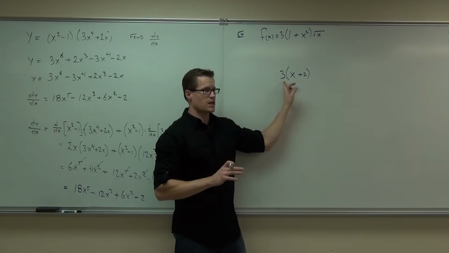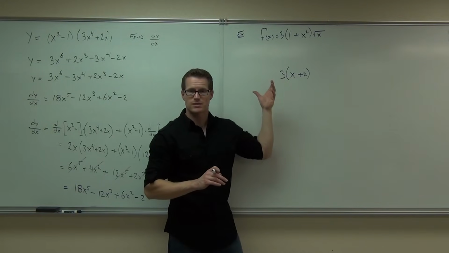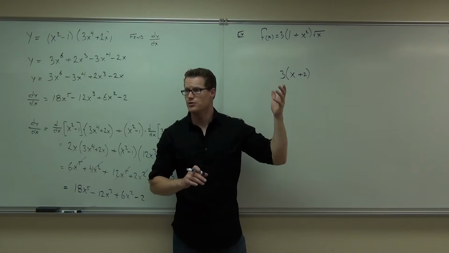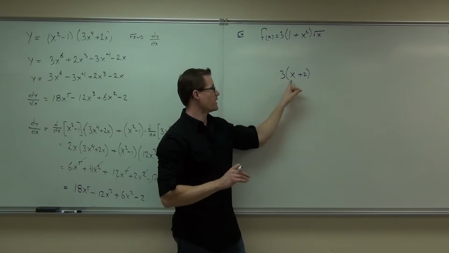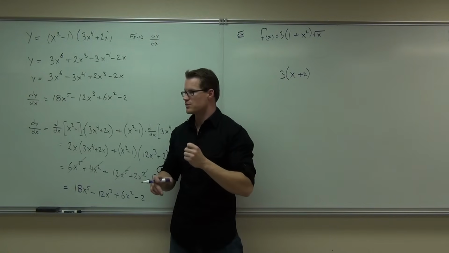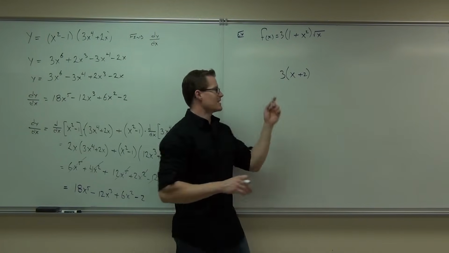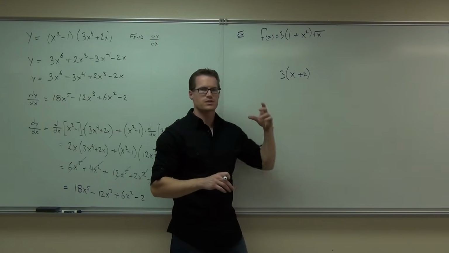So this, do you need a product rule for that? No. That's just a constant. You could actually pull that outside of your whole derivative. The derivative of this thing is going to be 1 times 3. That's what it's going to be. Okay, derivative of x is 1, derivative of 2 is 0, 1 times 3 would be 3. That would be the derivative. Right? So you get that even if you distributed the 3, that'd be fine. So we're not talking about products of constants times things.